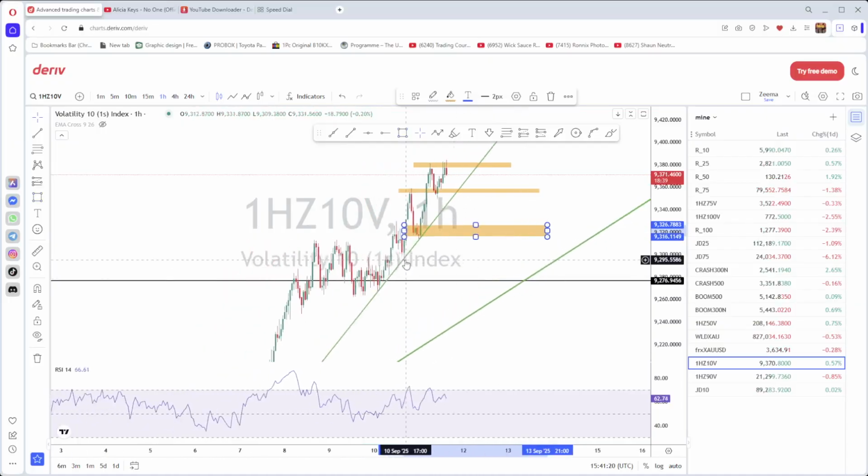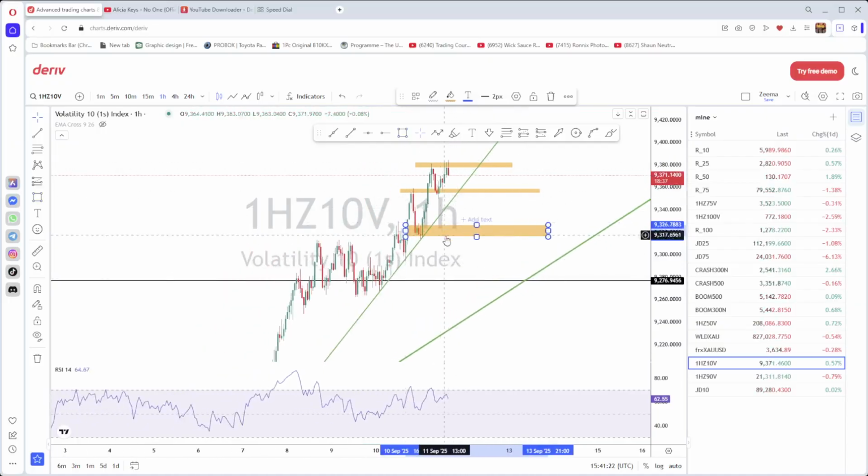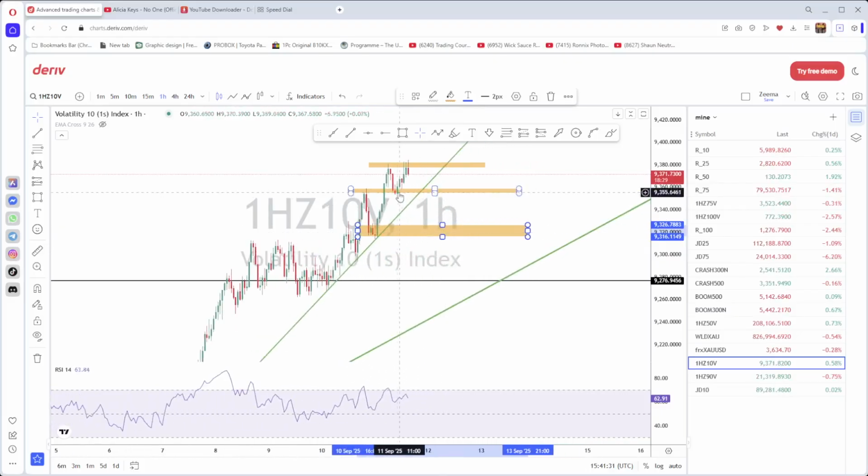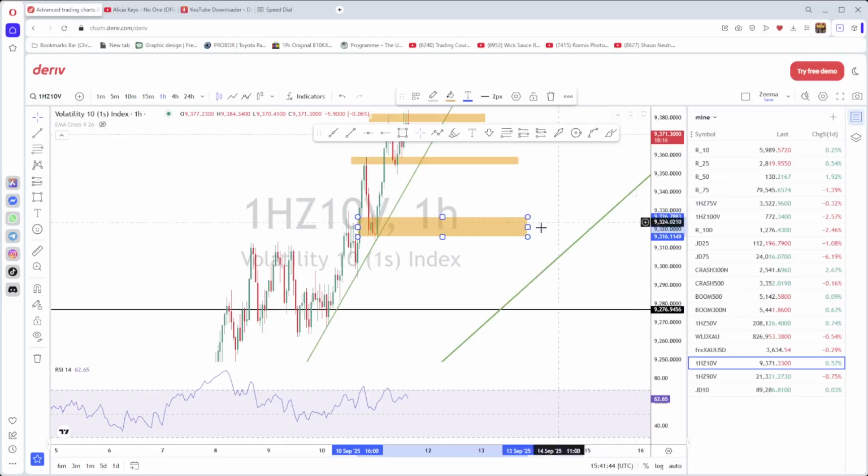Price closing below this level would cause a change of character for us, or a change of direction. But for now, it still looks a little bullish. So inside here is literally a no trade zone. We get a breakout, could take a trade, come down to this point from a lower time frame.